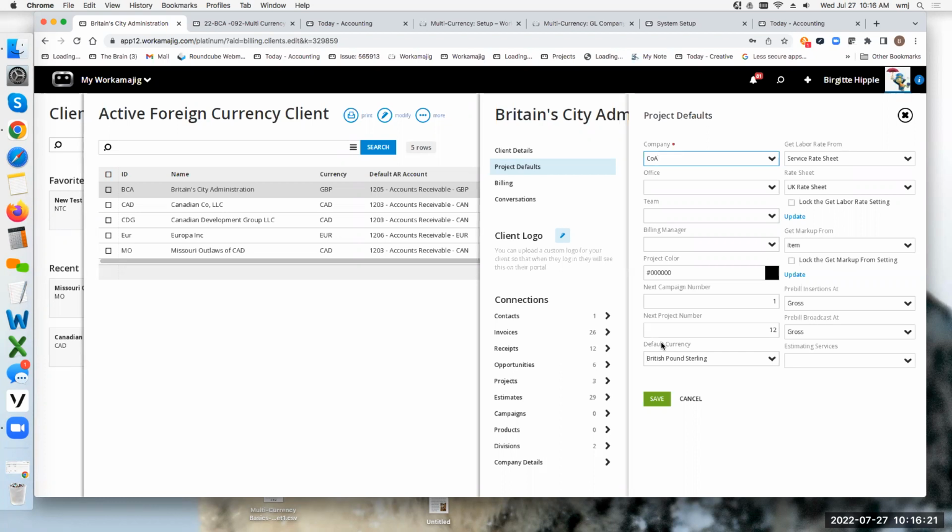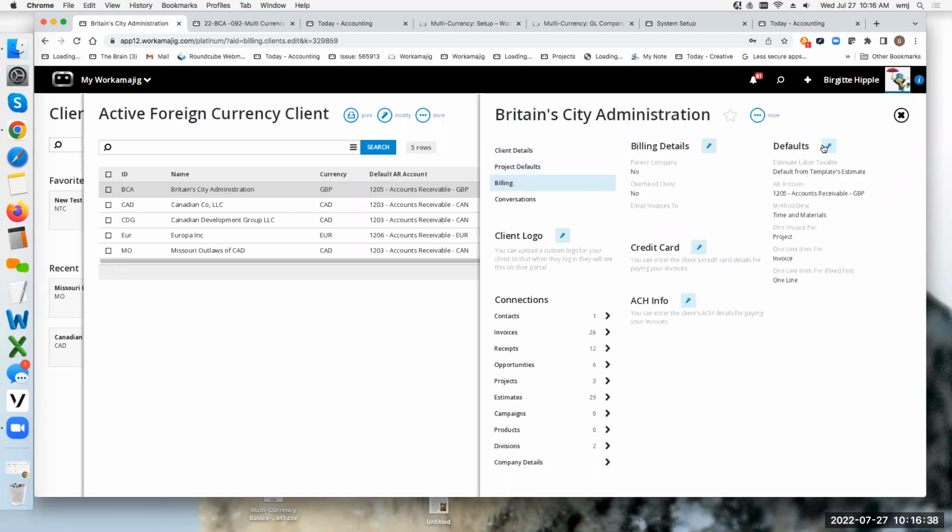Once I have transactions, that currency is locked. But this is just a default. Doesn't mean I always have to bill my client in that. This is where I set my service rate sheets, same as if I had different rate sheets and we only billed in our home currency.